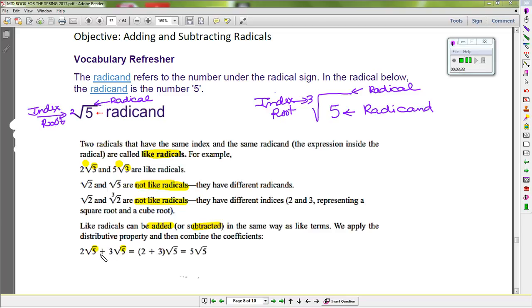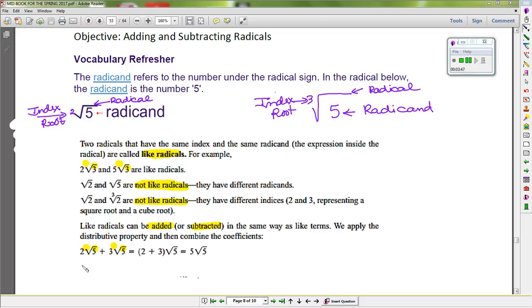These two numbers have the same radicand, which is 5, and they also have the same index. We don't see it here, but this will be the invisible 2. So therefore you can add them up. Now when you add them up, you only add the number right in front of the radical. In this case I add the 2 and the 3. So 2 plus 3 is 5, and you put the 5 back in front of your radical.